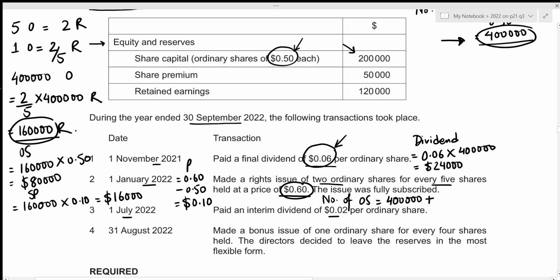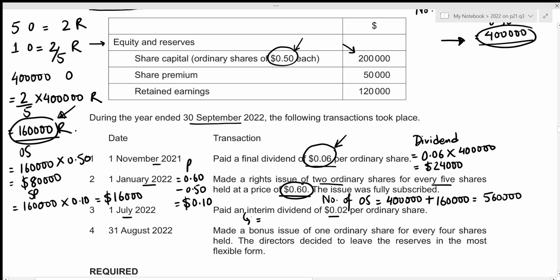And the new number of shares that we issued as rights shares is 160,000, right? So this should also be included in order to figure out the new number of ordinary shares. Now this gives the total number of ordinary shares at the date of 1st July 2022 to have the value of 560,000.